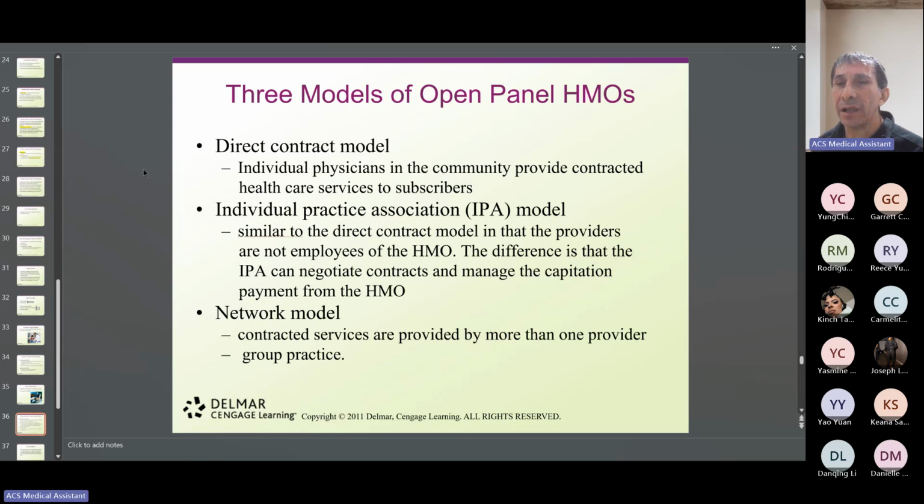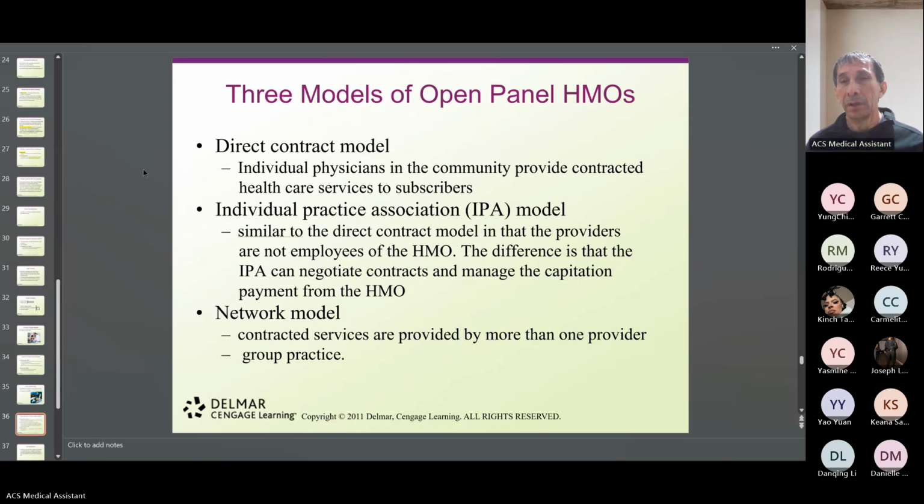Individual practice associations are very similar to the other one, but there is a little difference right there. Now, remember, association means that it's not one doctor. We have 3-4 doctors within that little office. So that is an association.